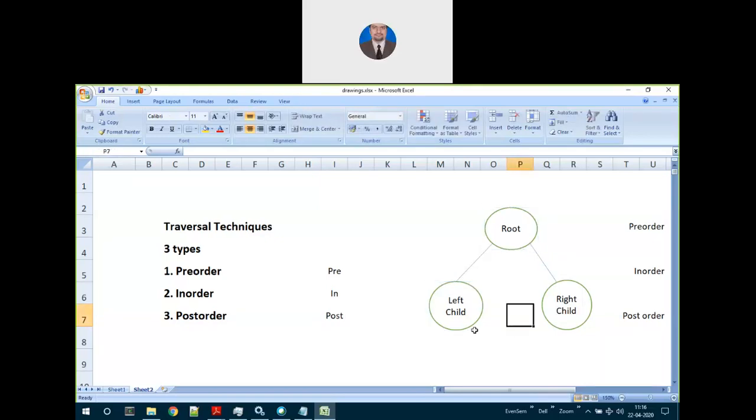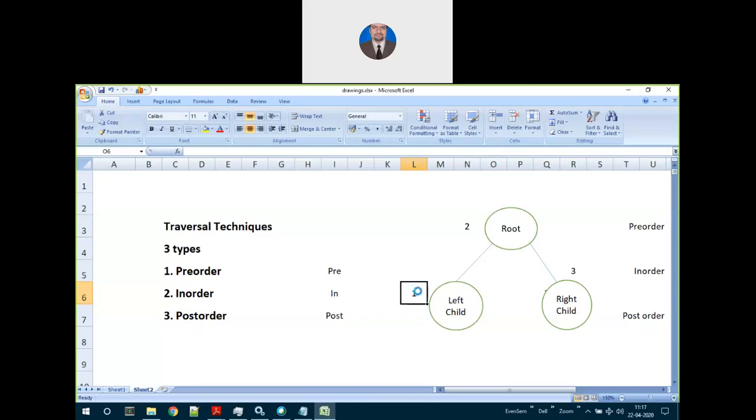So in in-order, first visit the left child, then the root, that is the parent, and at the end visit the right child. The parent is visited between the left child and the right child. This technique of traversal is called in-order traversal.